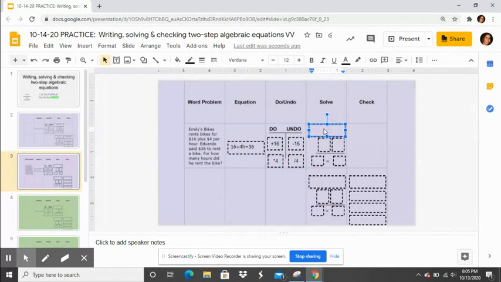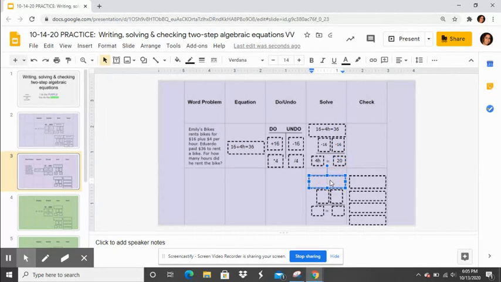All right, so my equation again, type that in, 16 plus 4h equals 36. I'm going to do the first undo, which is minus 16 on both sides of my equation. Minus 16. The 16s cancel out on the left. That leaves me with 4h equals, and 36 minus 16 would come out to be 20.